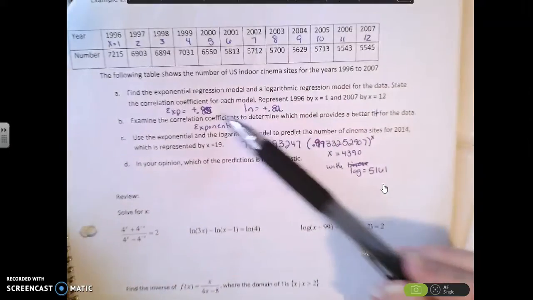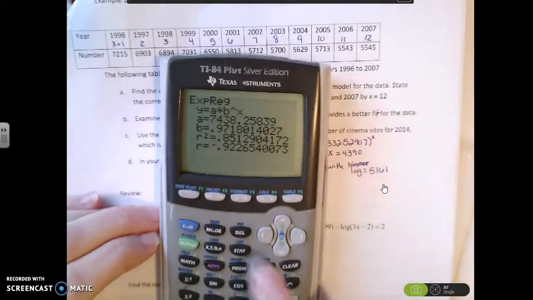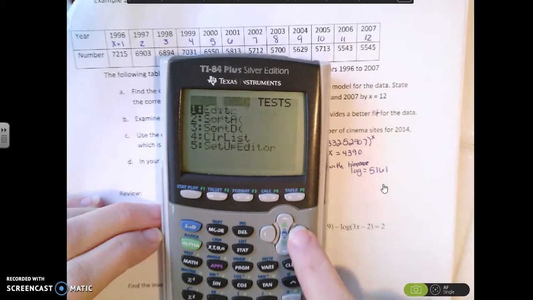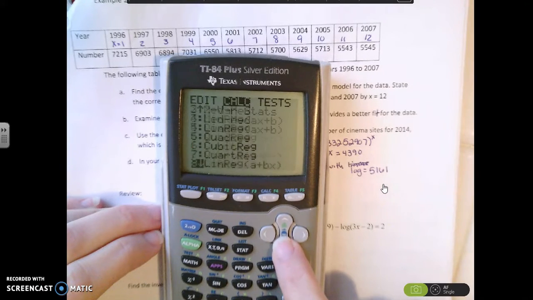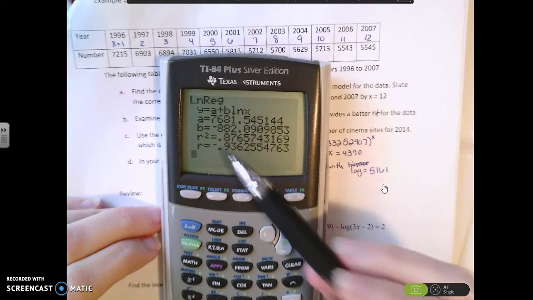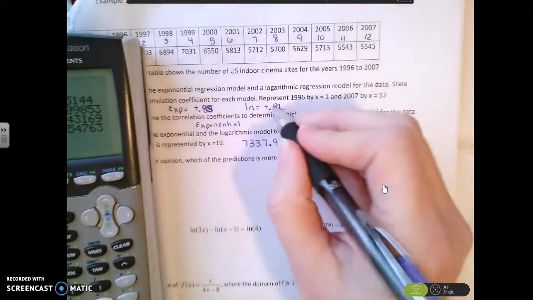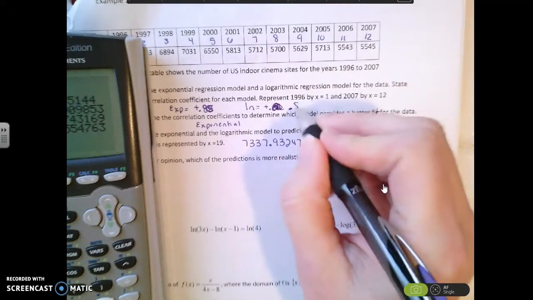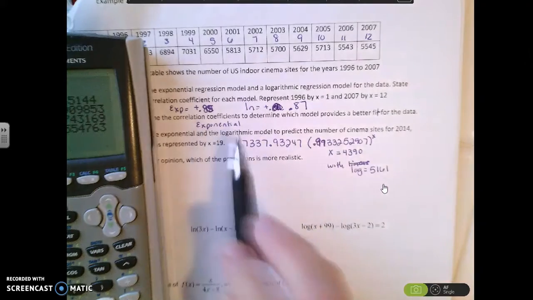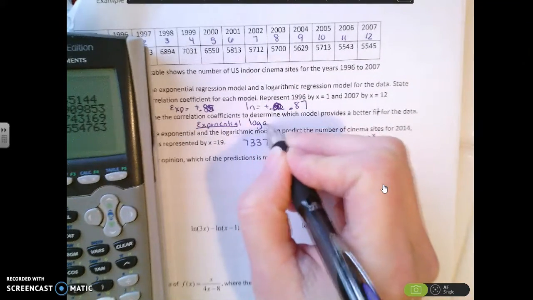So exponential is 0.85. Okay. Logarithmic. Again, I'm going over to Calc and go to Logarithmic. And for the logarithmic, I come up with 0.87. Whoops, I have the wrong number written here. So 0.87. So according to this, our best line of fit should be the logarithmic.